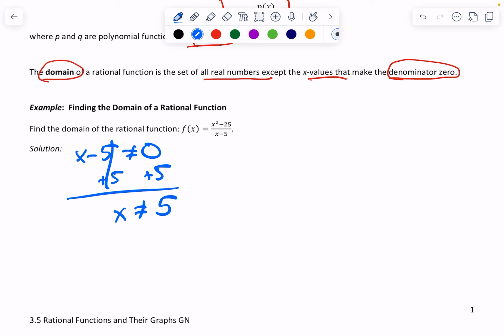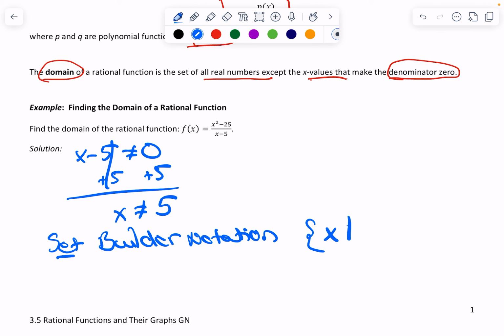And I'm going to show you two different ways to write the domain. There is set builder notation. This is a set, so we're writing it inside braces, x, and a straight line. The straight line means "is such that," so x is such that x does not equal 5.